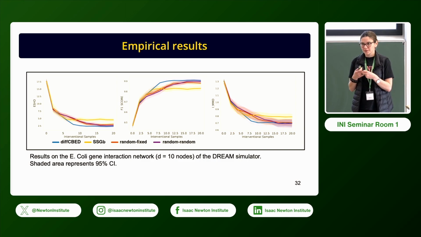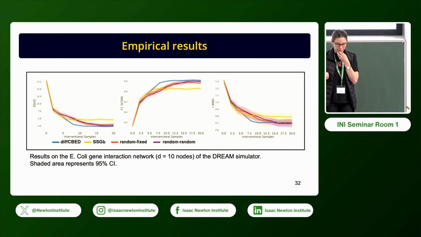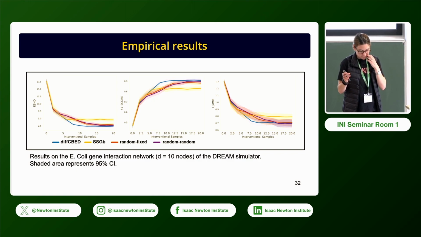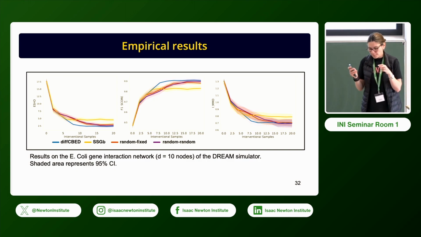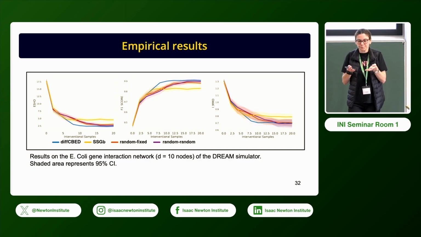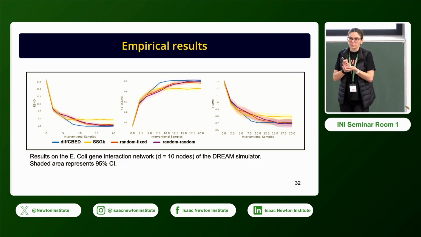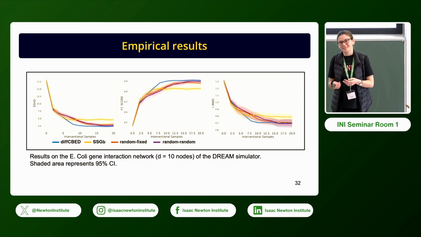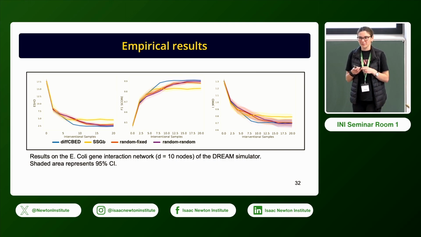That's d equals 10 nodes, and I showed you how many DAGs there are. I would refer you to the review of methods for active causal discovery. But oftentimes we are regularizing the graphs towards sparse graphs as well, because otherwise there is no hope really.